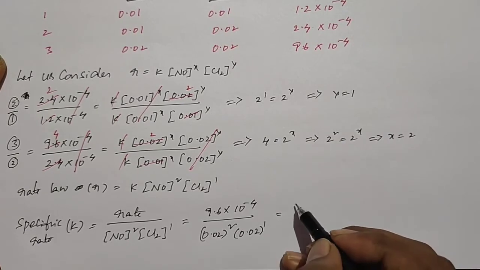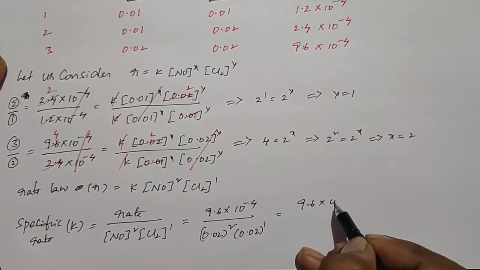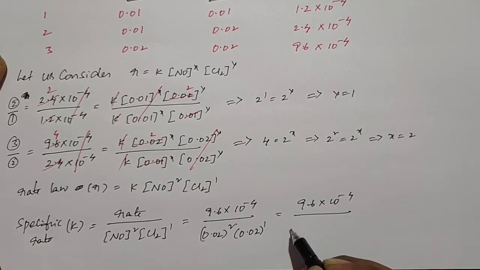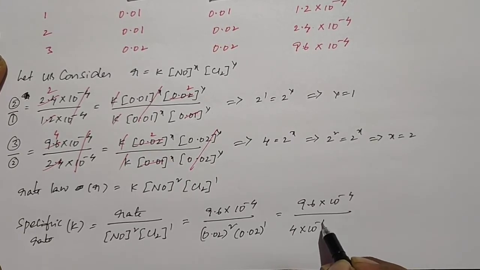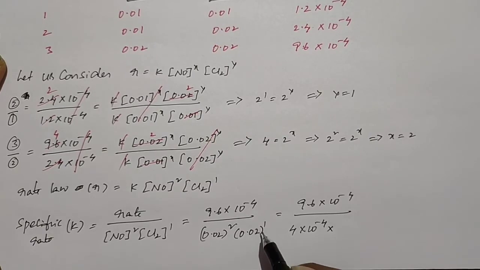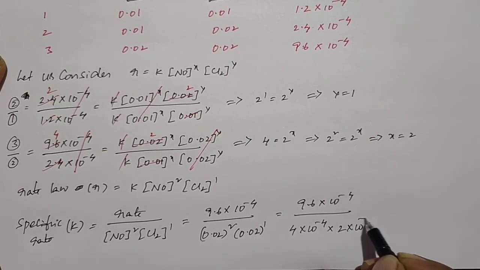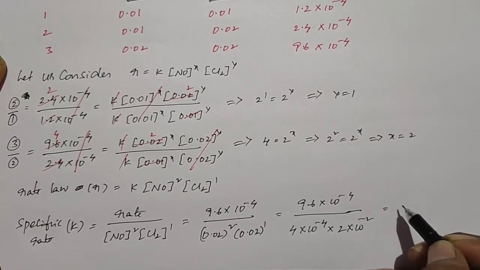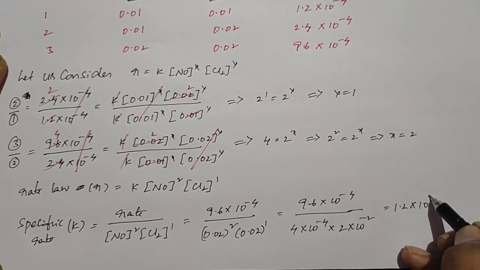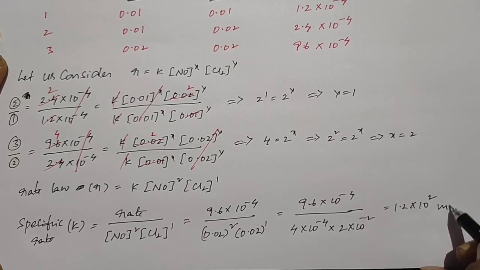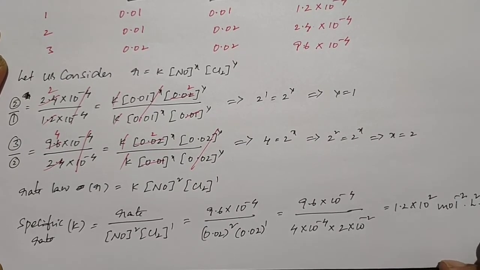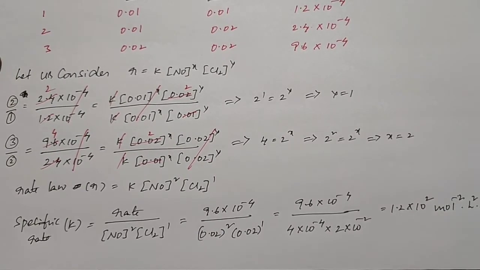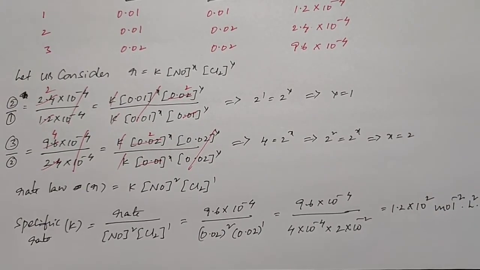Here we get 9.6 into 10 power minus 4 by 4 into 10 power minus 4, and 0.02 power 1 we can write as 2 into 10 power minus 2. After simplification we get 1.2 into 10 power 2 mole power minus 2 liter square second inverse. So this is the specific rate.